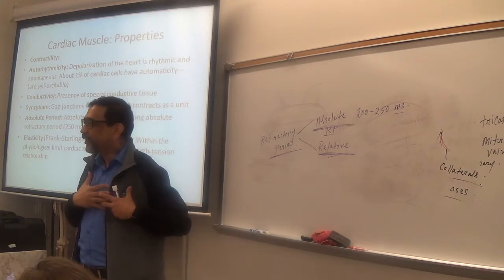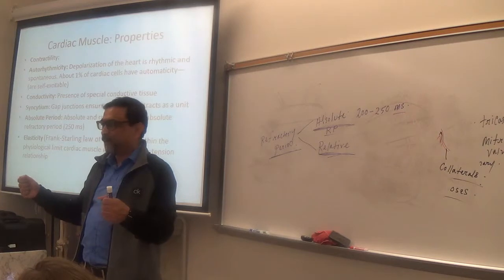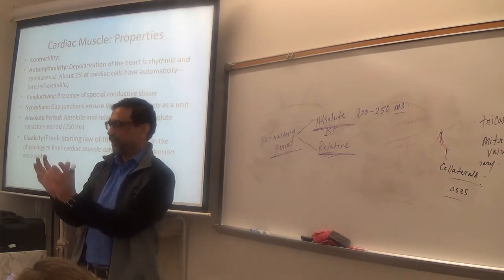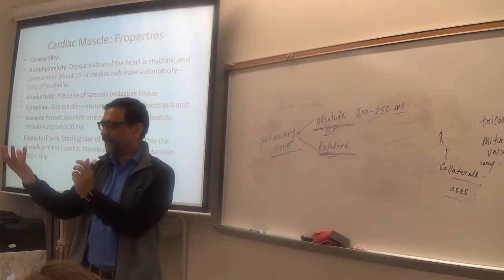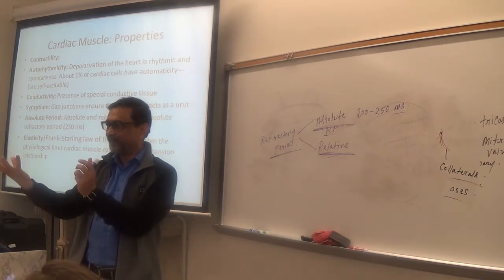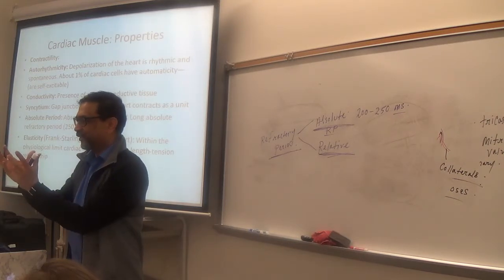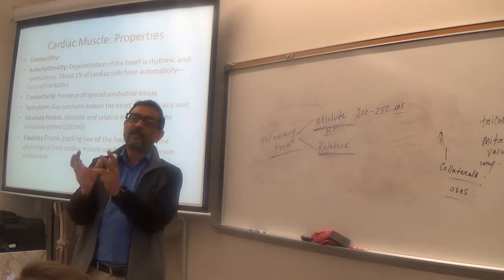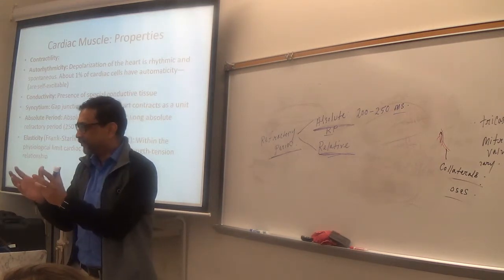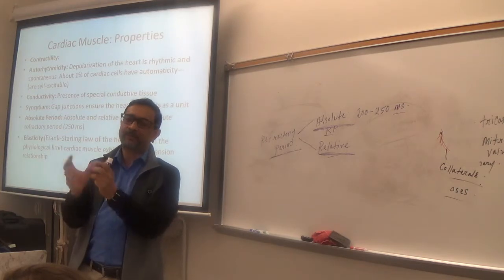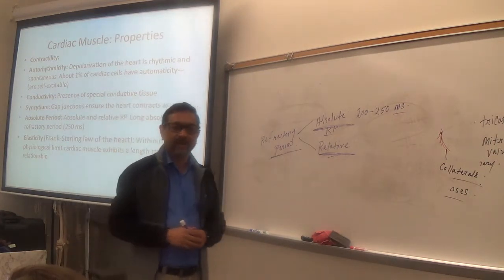Make sense? And eventually the heart will get bigger, bigger, bigger, like an elastic thing, right? And will not be able to recoil. Will not be able to contract forcefully. Make sense? It will contract like this, not forcefully. The heart will be big, but will not be able to contract. So that is called what? Heart failure. The elasticity of the heart muscle is lost.